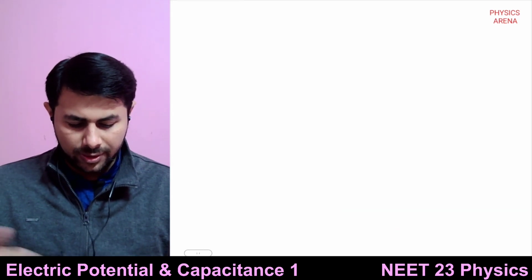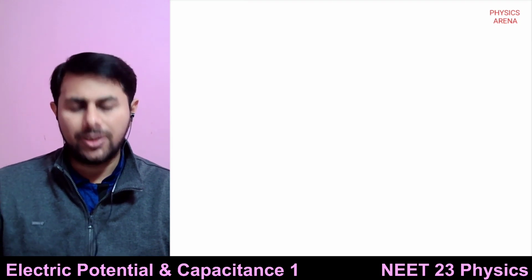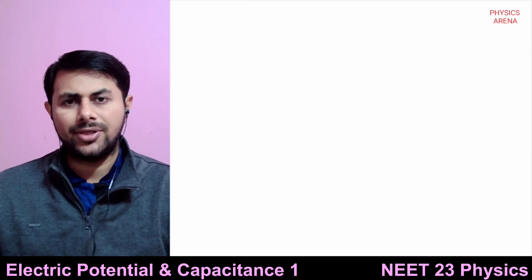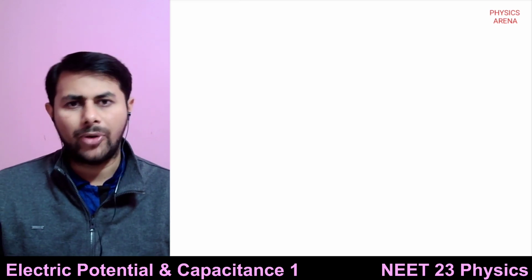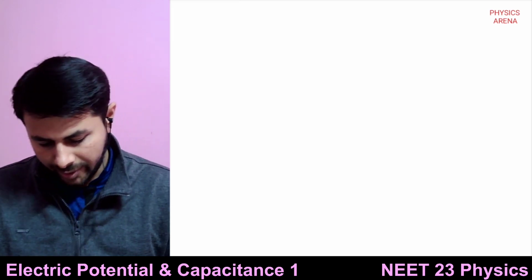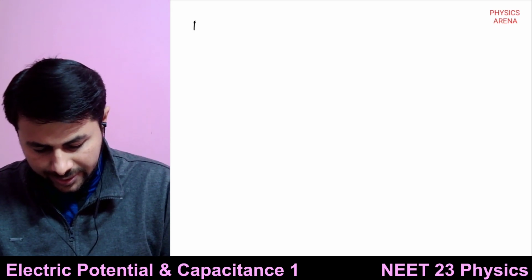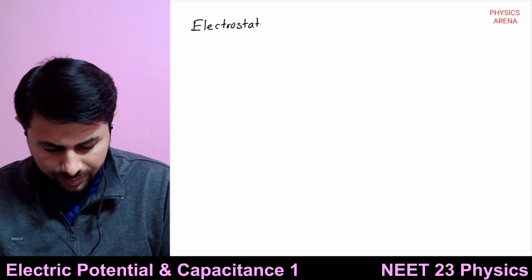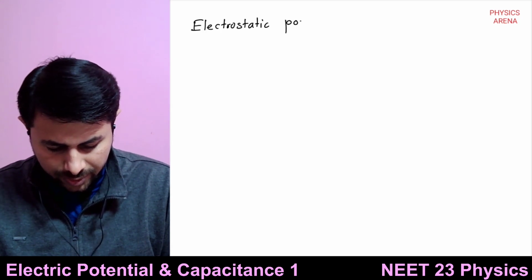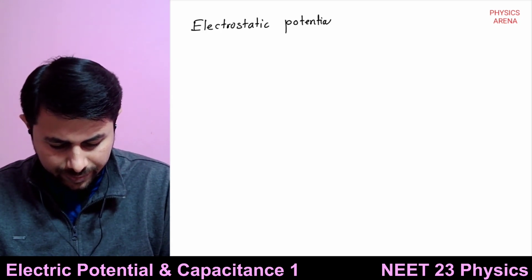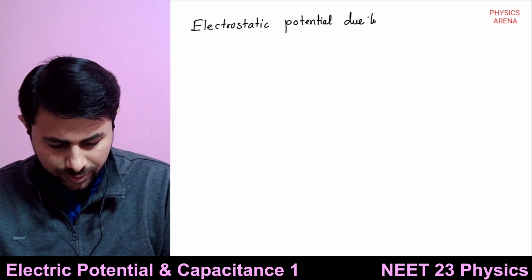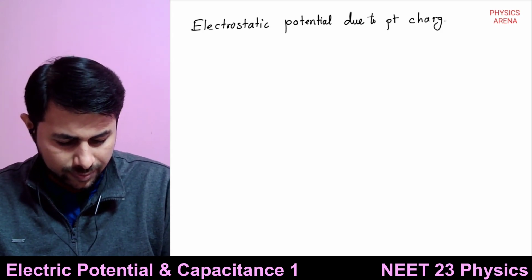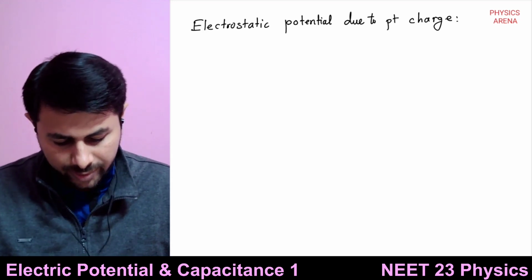Okay. Now, next we are going to define the electric potential, or you can say electrostatic potential due to a point charge. So let's define the electrostatic potential due to a point charge. What is this?